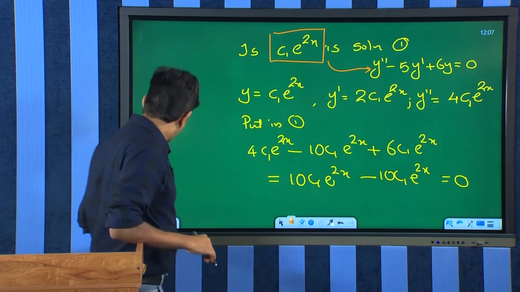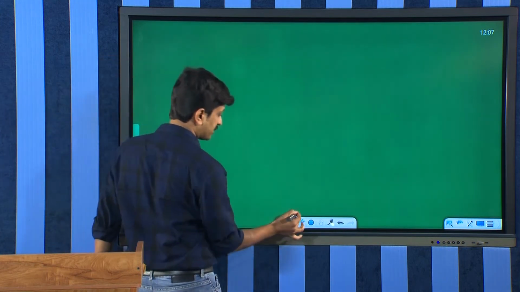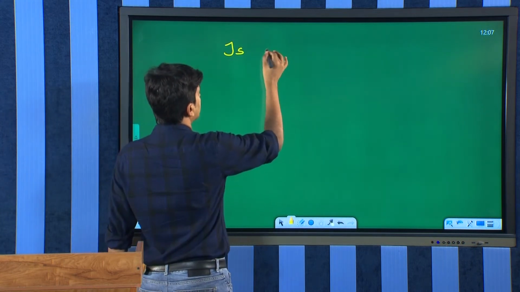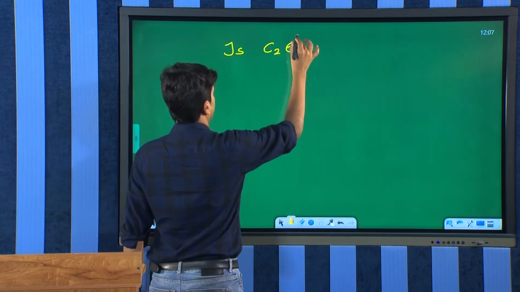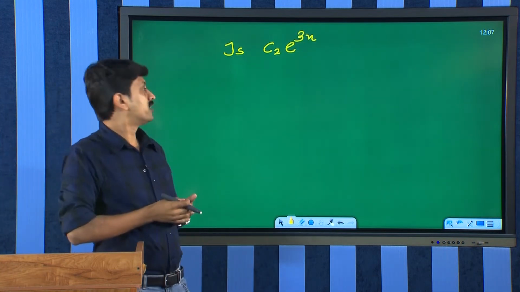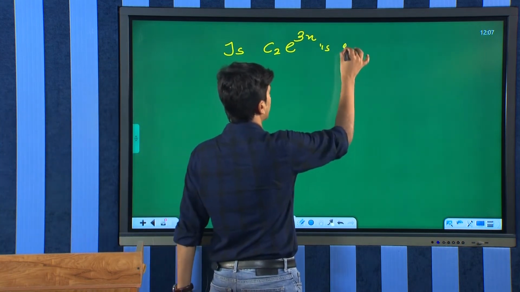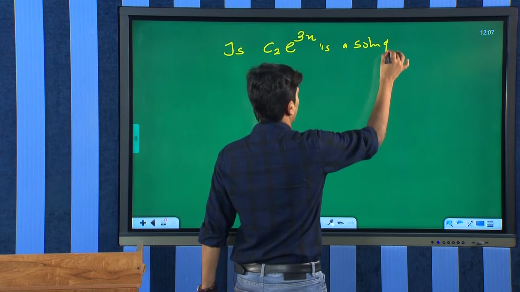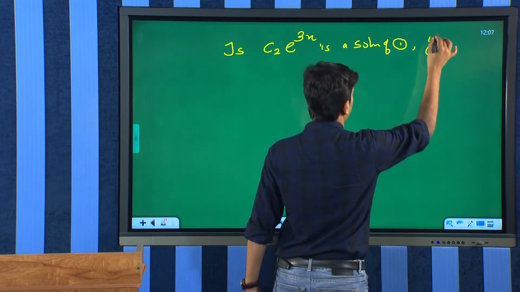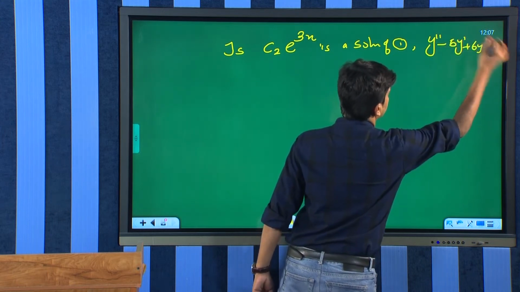Now, again I am asking one more question: is c2 e^(3x), instead of e^(3x), I would like to go to the general solution, is c2 e^(3x) a solution of 1, which is y double dash minus 5y dash plus 6y equal to 0?